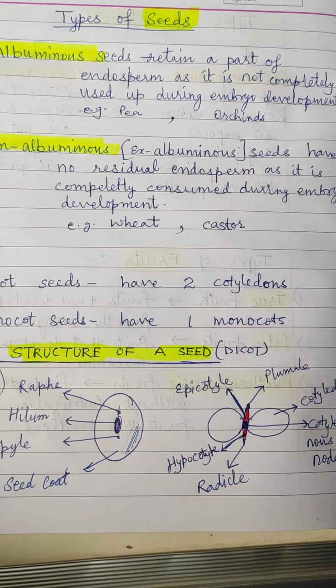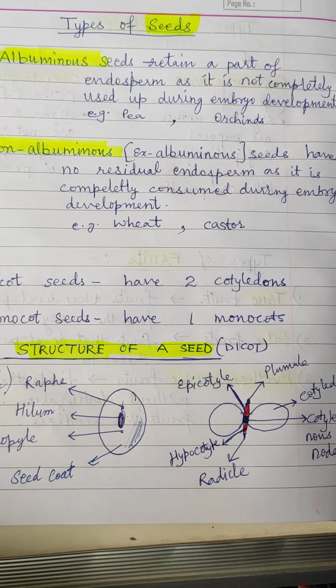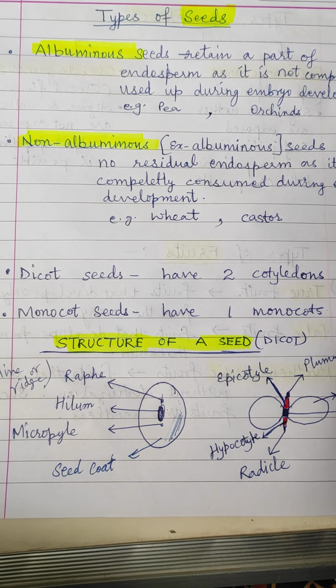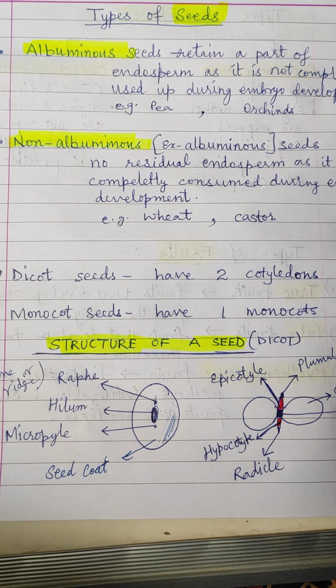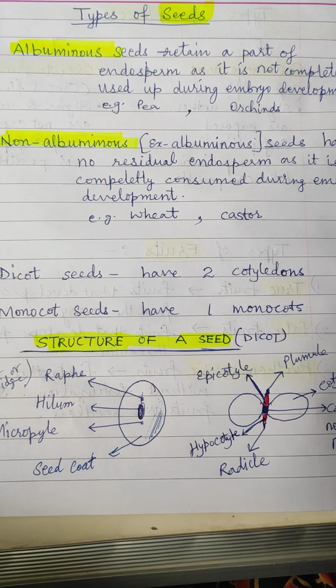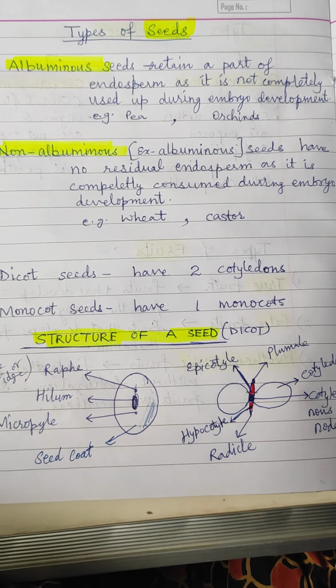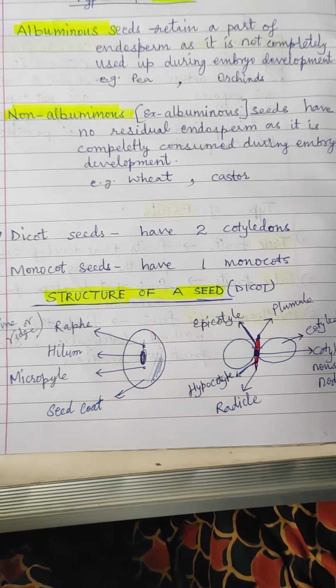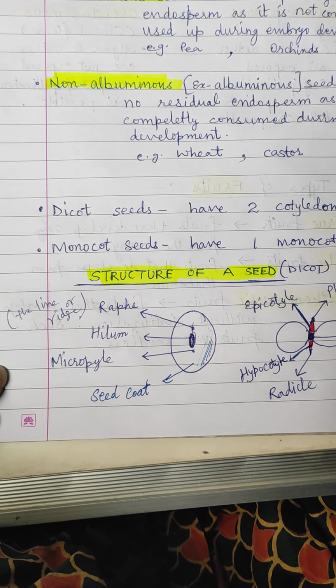On the basis of presence of endosperm, seeds are of two types, albuminous or non-albuminous. And on the basis of presence of cotyledons, we already know seeds are of two types, dicot seed and monocot seeds.